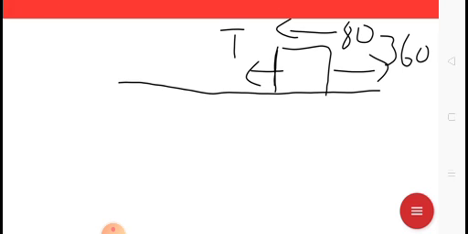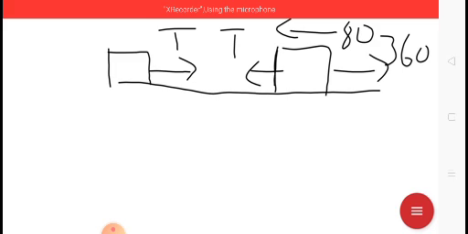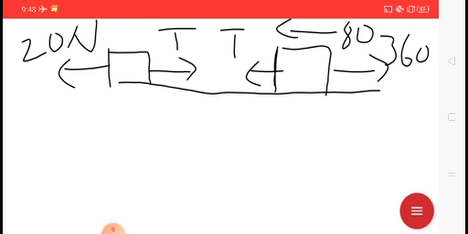Assume it's a tension. We do not know, maybe it's a compression, we didn't know, just assume a tension. So at the back here, in the opposite direction you also have a tension, pulled by the car. And don't forget you have an opposite direction 20 newton, the resistance.